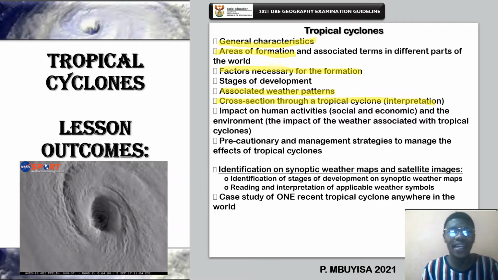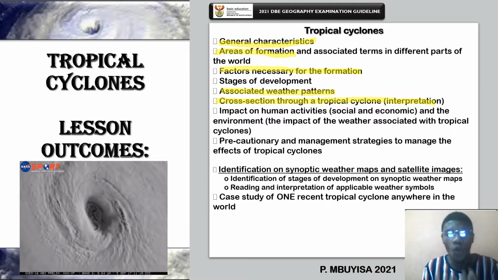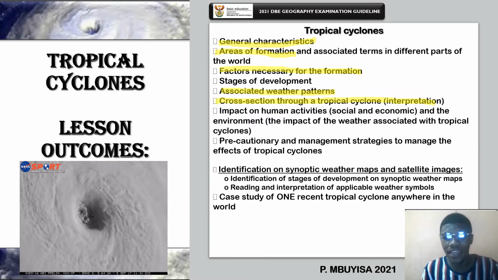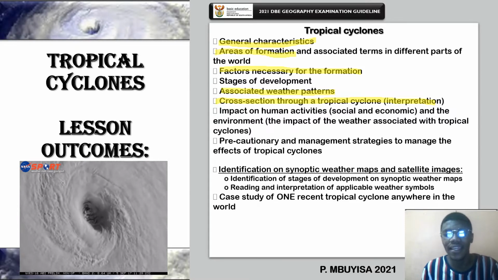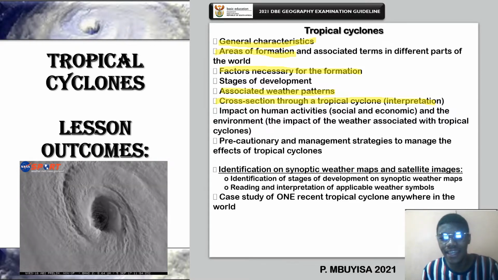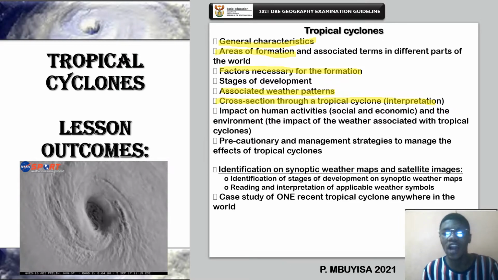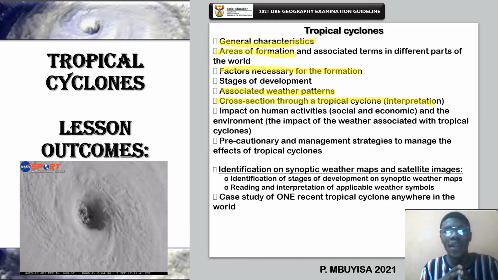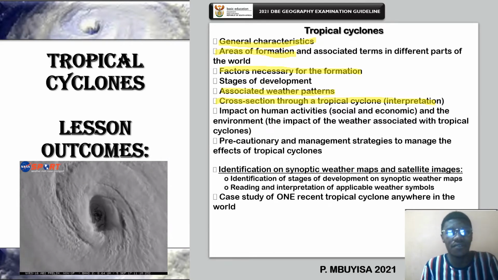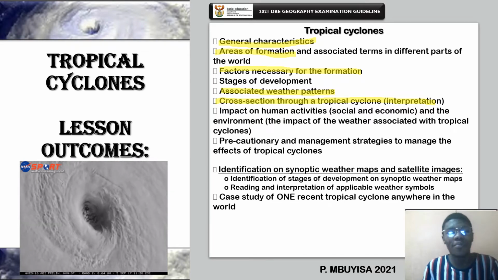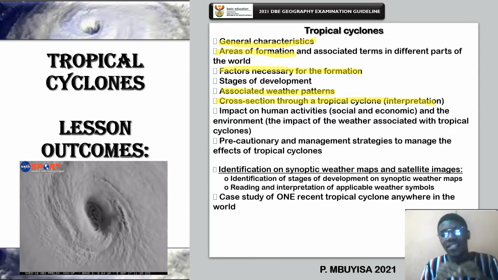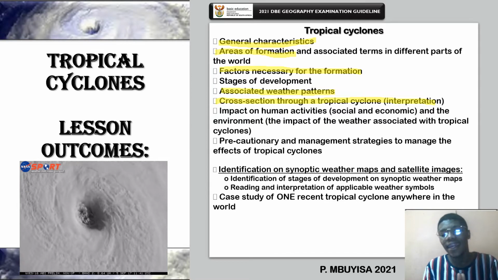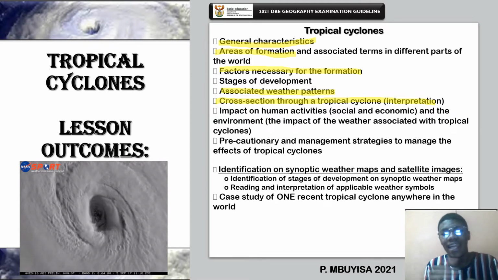And again, we think about where they form. What tells us where they form, and I think it covers the second point there, area of formation, is the name itself. We call them tropical cyclones. It means that these are cyclones or low pressure systems that occur in the tropical regions.